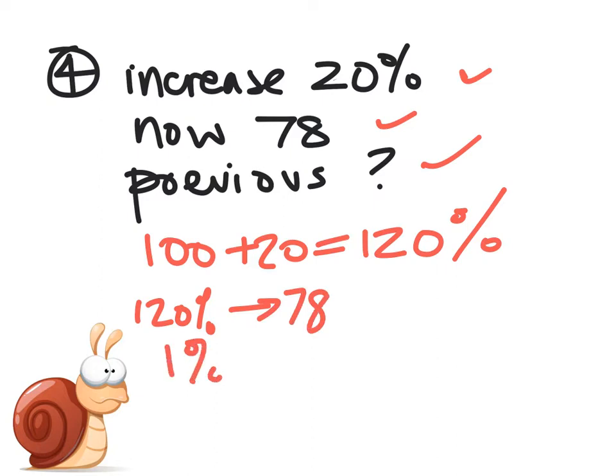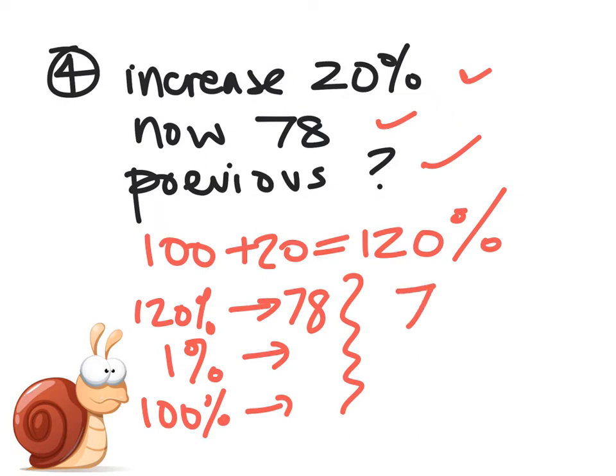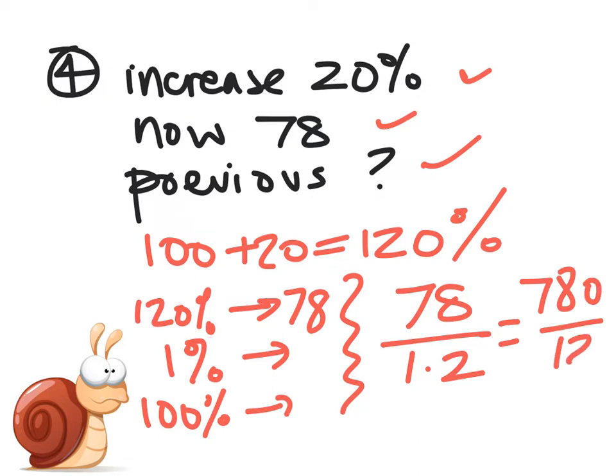How much is 1% equivalent to? And then how much is 100% equivalent to? Or, the way I like to do it is, because it's a reverse percentage, it's the 78 marks divided by 1.2, which is the same as 780 divided by 12. Cancel the fraction, you'll get your answer.